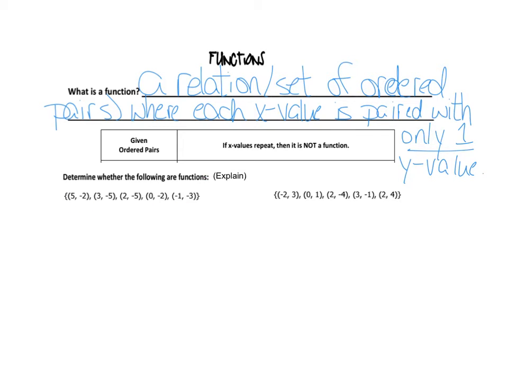Okay, so I have a set of ordered pairs here. (5, -2), (3, 5), (2, -5), (0, -2), (-1, 3). And I want to know, is this a function? So what I'm looking for is each x value paired with only one y value. So I look through here, do any of my x values repeat? 5 is only paired with -2, 3 is only with 5, 2 is only with -5, 0 is only with -2, -1 is 3.